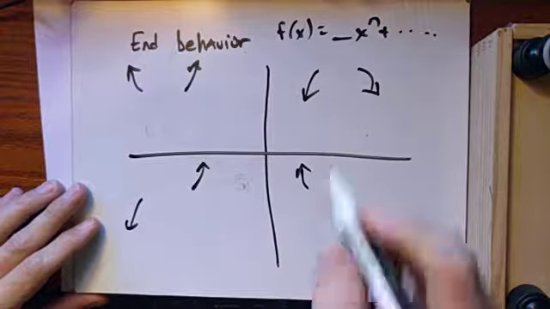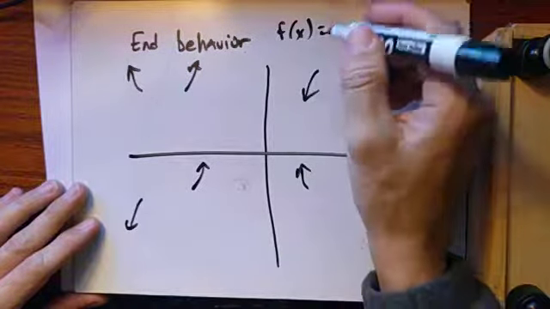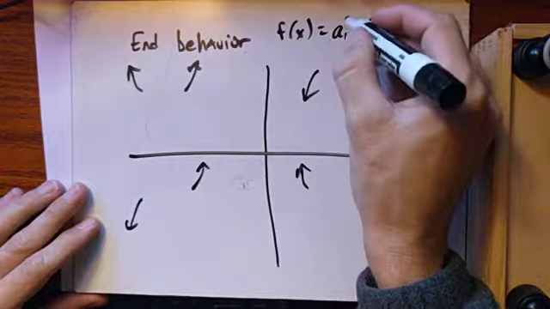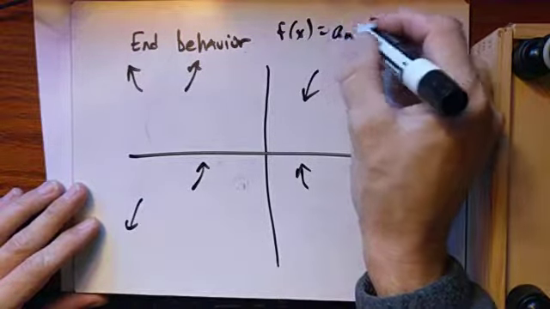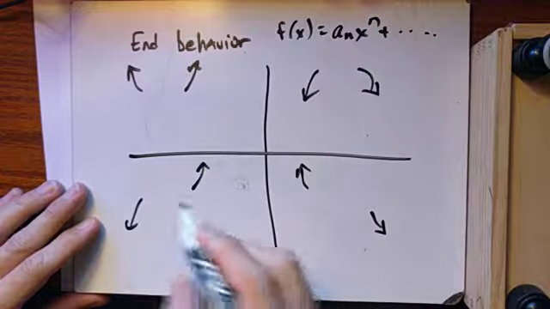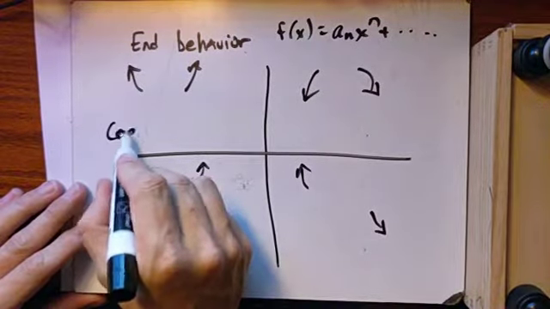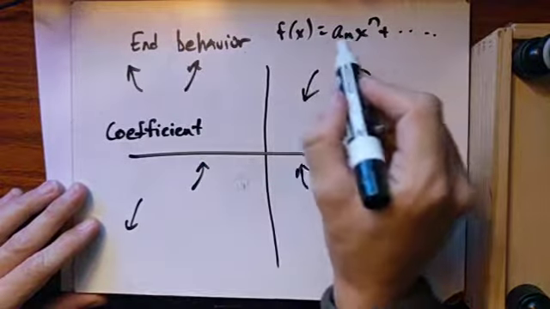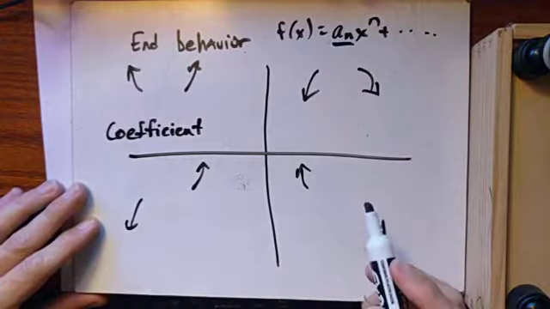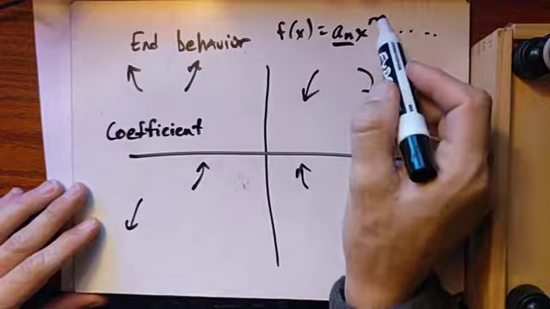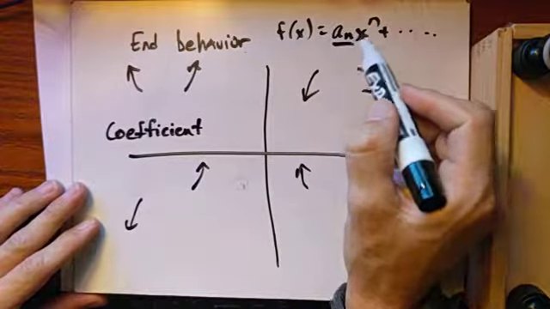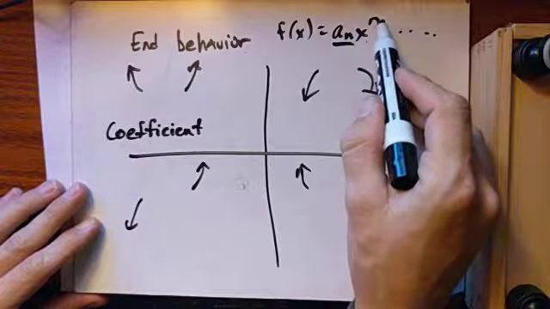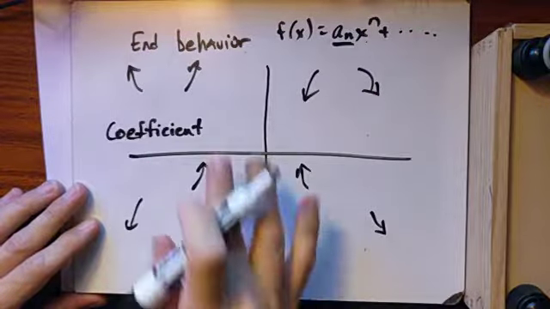Okay, so this number in front, I'm going to call this a subscript n, and I'm going to call that the leading coefficient. Coefficient. Let me spell that word right here. A coefficient is a number that's in front of the variable. So you have your degree, your variable, and your coefficient for every single term. The highest degree of any term is the degree of the whole polynomial.